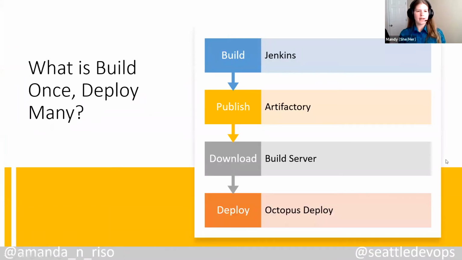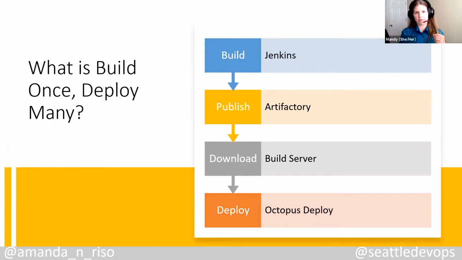So what is build once, deploy many? This is a generic term for having one artifact or one set of your code being deployed into multiple places. It could be multiple servers, but it's usually mostly for multiple different environments. And the big thing with that is that your code is the exact same.